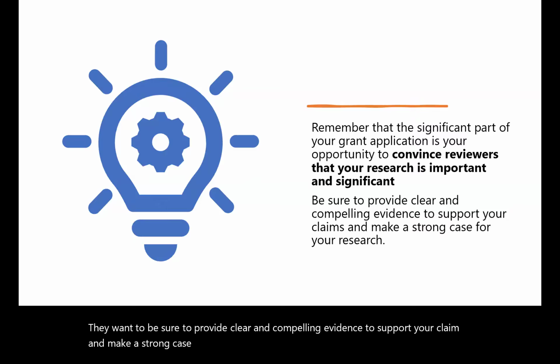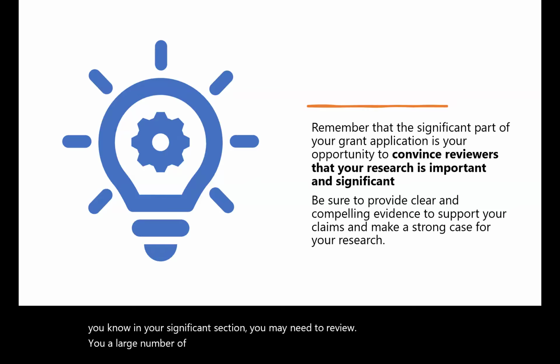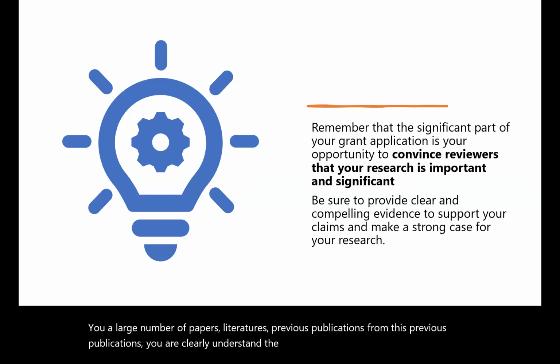Another thing I want to emphasize is that, in your significance section, you may need to review a large number of papers, literature, and previous publications. From these previous publications, you clearly understand the key research problems.